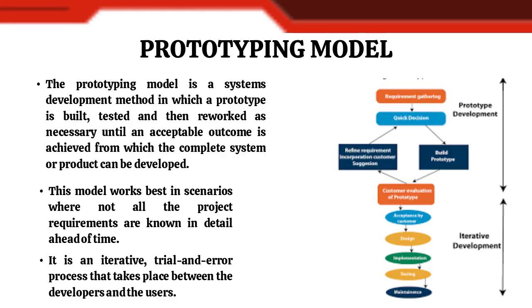It follows an iterative trial and error process with continuous interaction between developers and users. In short, the prototyping model helps teams visualize the software early, gather feedback and reduce the risk of building the wrong system.